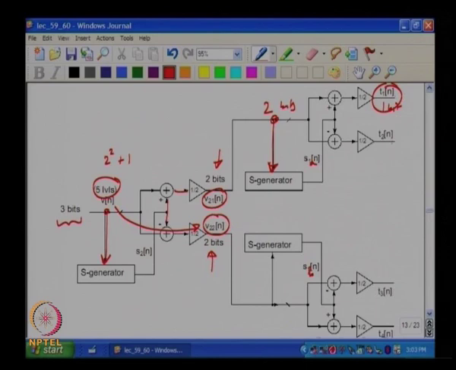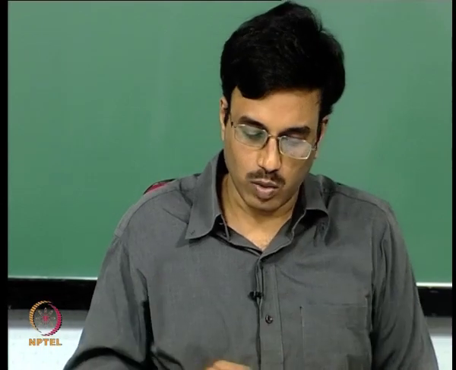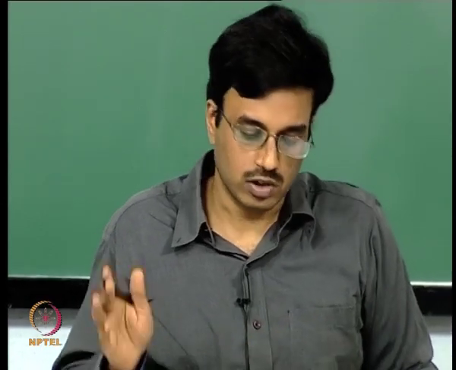So, these are T1, T2, T3 and T4. Okay. So, in the next class we will take a look at the spectra of each one of these thermometer drive signals and see what happens to the overall spectrum. Okay.